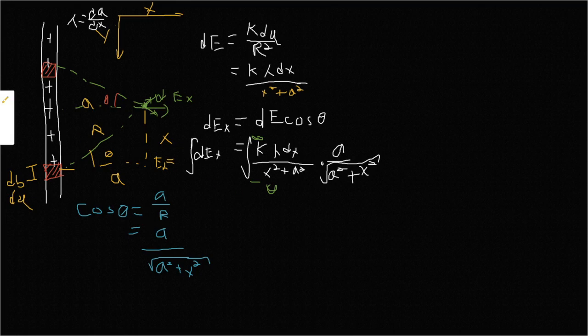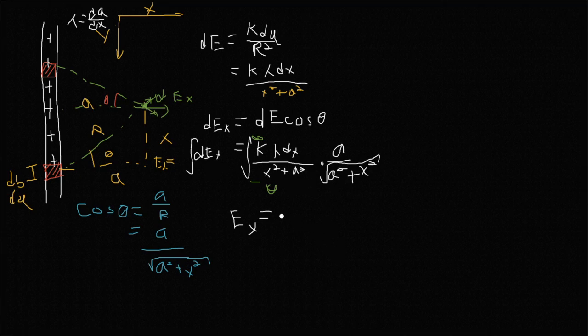E in the x direction is going to be, well, lambda is a constant. K is a constant by default. And if we're not changing the A value, we're just trying to find the electric field at a point, A is a constant too. So we can pull all of those things out of the integral.